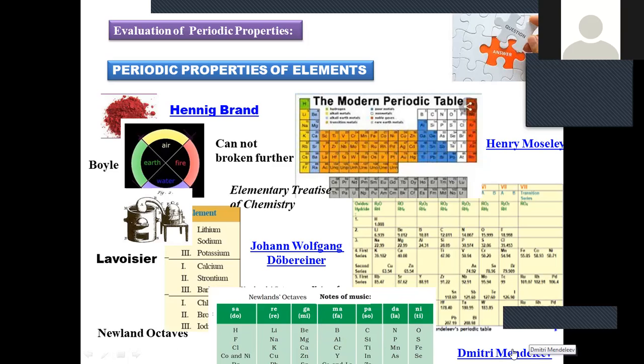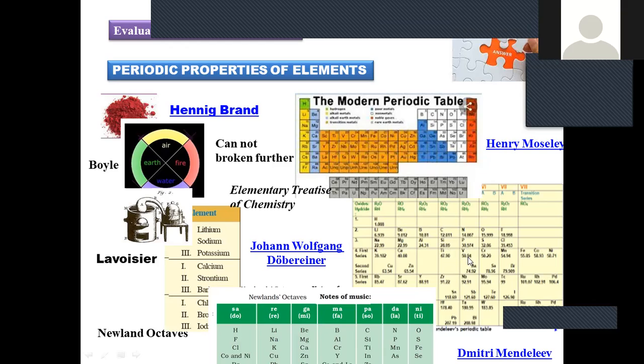Mendeleev, this is where a scientific classification was started, right? So the scientific classification was made by Dmitri Mendeleev, where all the elements of the periodic table are arranged according to their increasing atomic mass. He considered increasing atomic mass for classification of the elements.